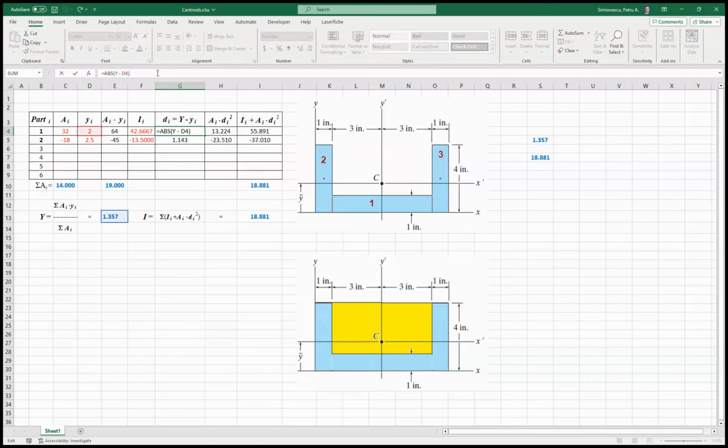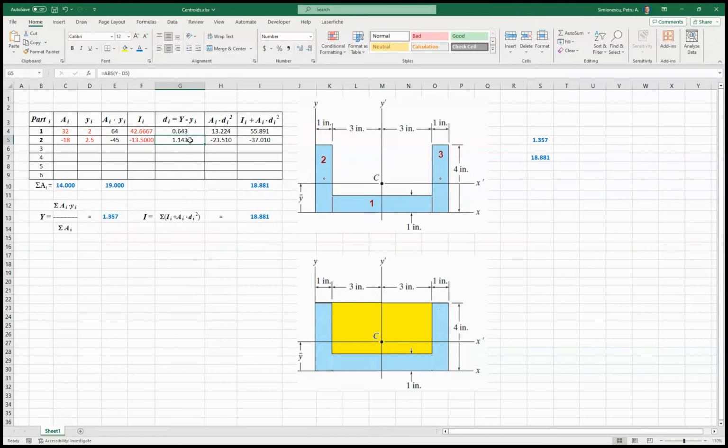The spreadsheet calculates the distance, absolute value, between the centroid and the centroid of the individual parts. So it would be 2 minus 1.357 for the entire rectangle, 8 by 4.